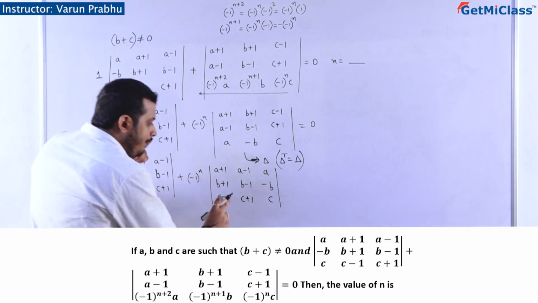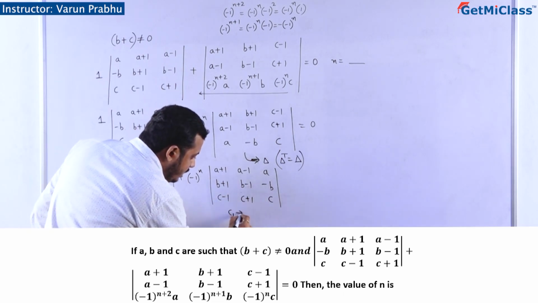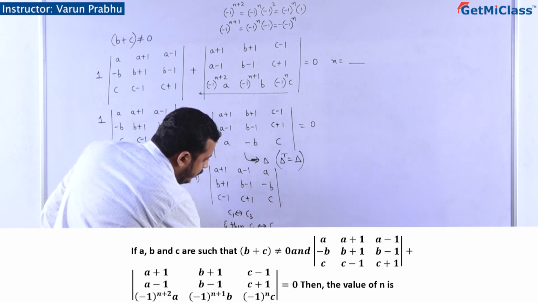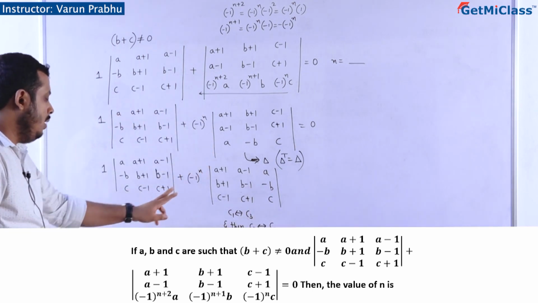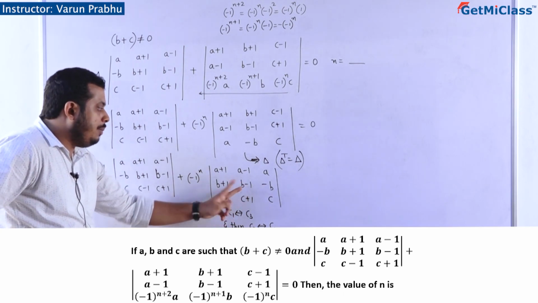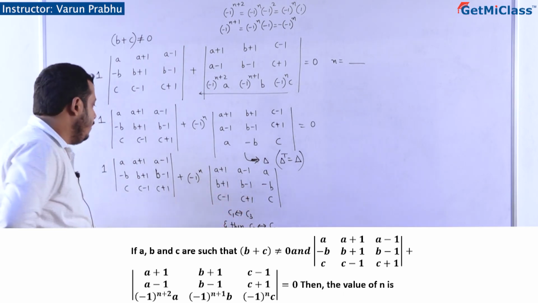Now what you do, C1 interchanges with C3 and then C3 interchanges with C2. This is a very common thing that we have seen in most of the questions. So the determinant will become minus into minus will become plus.